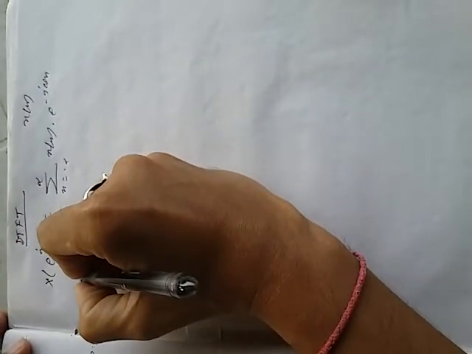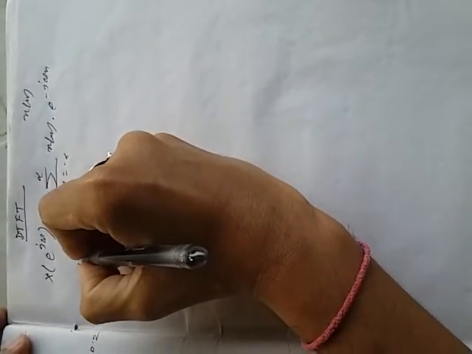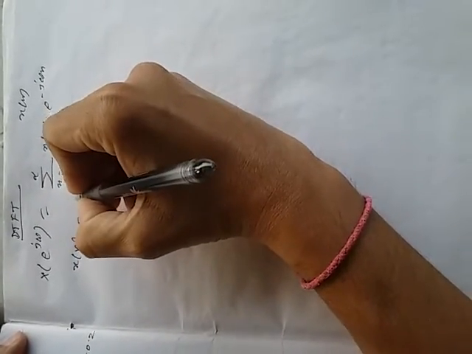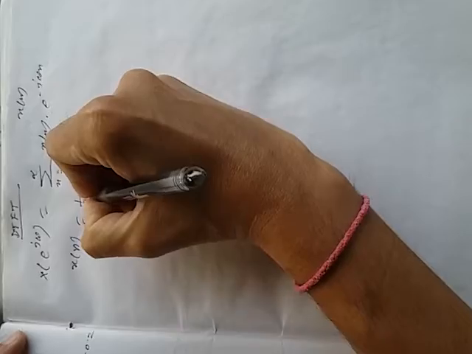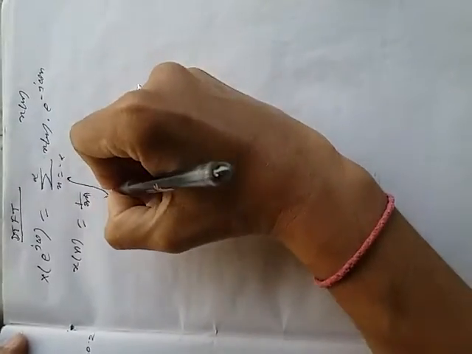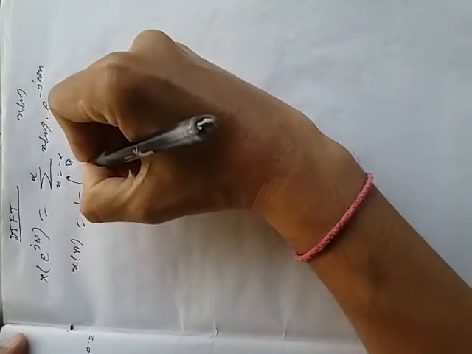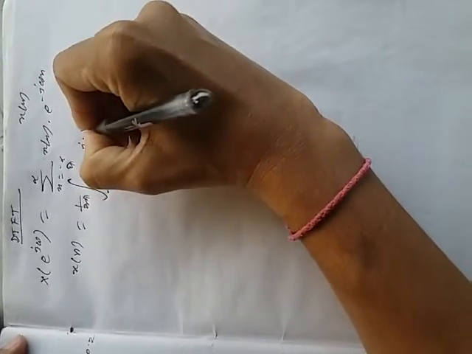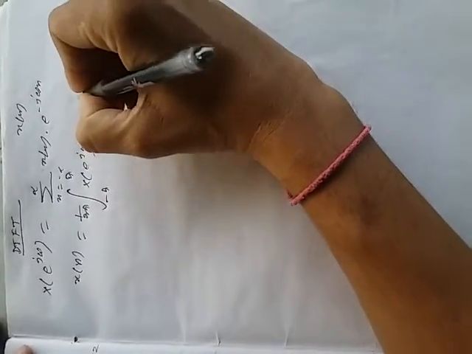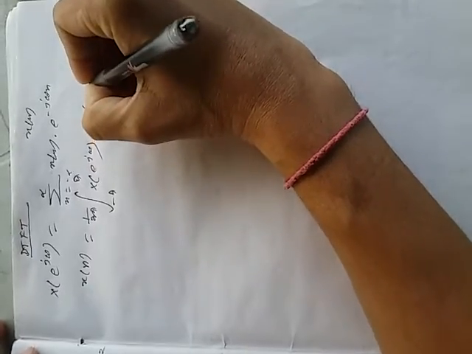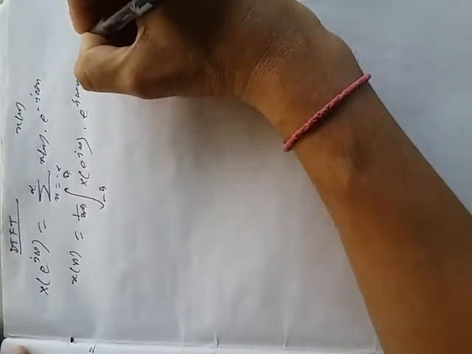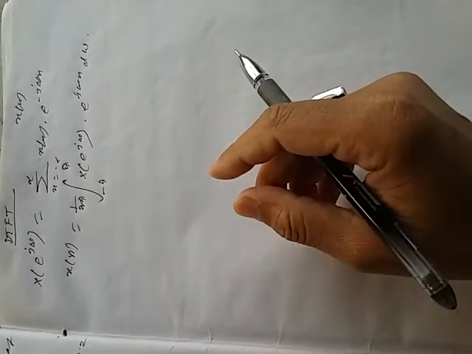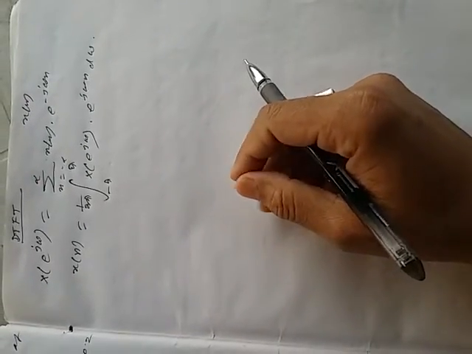And the formula of inverse DTFT, that is IDTFT, is x of n equal to 1 by 2 pi integration minus pi to pi X of e to the power j omega into e to the power j omega n d omega, right? So those are the formulas for doing DTFT and IDTFT, right?